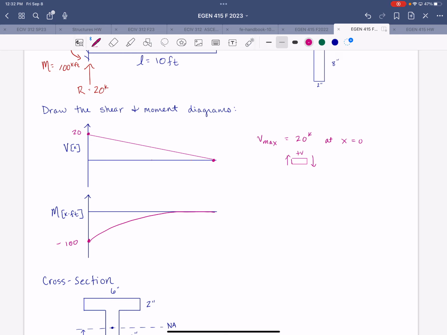Something like that. So, the moment diagram is useful for identifying the maximum moment.